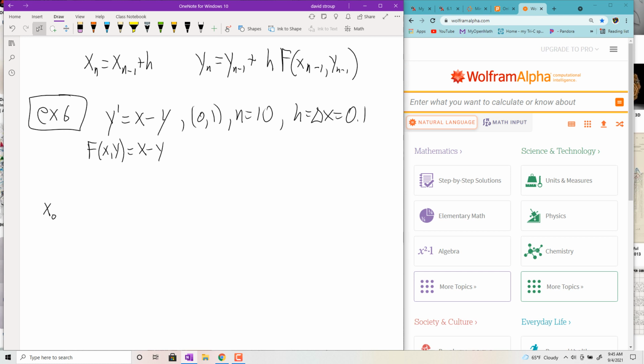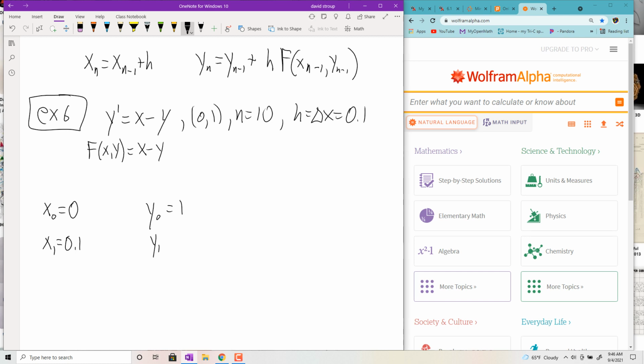So you have your x sub 0, and I'm going to do it longhand, y sub 0. So x is starting at 0, y sub 0 starting at 1, and then x sub 1 will be 0 plus 0.1, so 0.1.